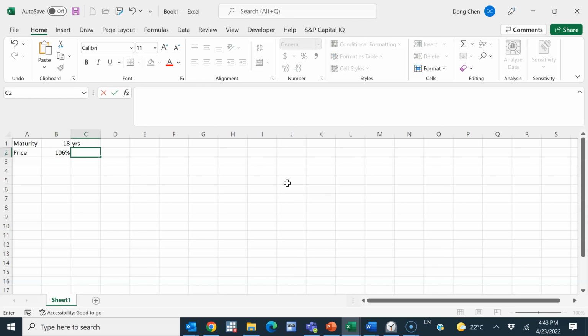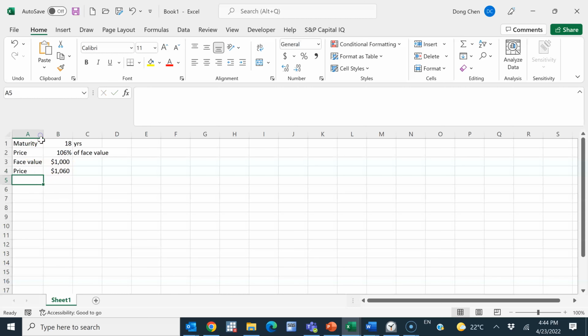And we know the face value by default is $1,000. So this simply tells us the price should be equal to the 106% multiplied by the face value. So let me put this as a coded percent.